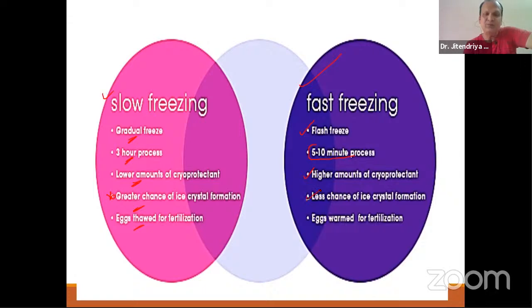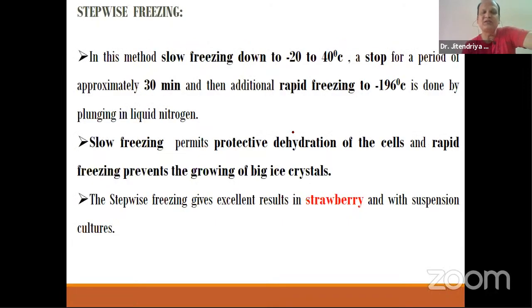This will not make any ice crystal formation inside the cells, very little chance. And during egg warming for fertilization, mostly this process is utilized. In short, this is the difference between slow freezing and fast freezing.